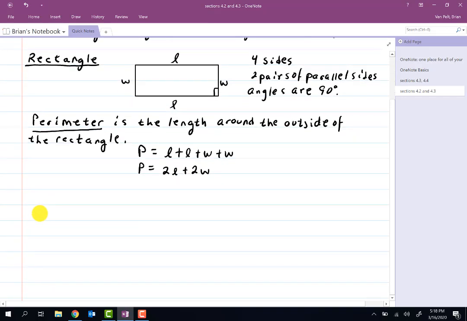So let me do an example. I would like to compute the perimeter of the given rectangle. So let me go ahead and draw one in here.